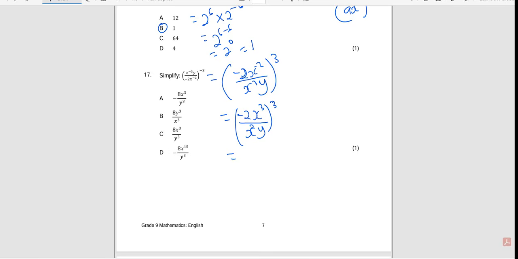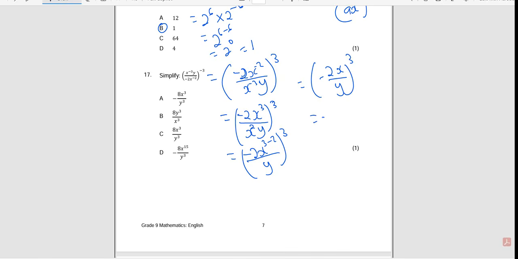When the bases are the same and we have a division, we know that we must subtract the exponents: x to the 3 minus 2, and then I'll be left with y in the denominator to the exponent of 3. The answer now is going to be negative 2x over y to the exponent of 3.